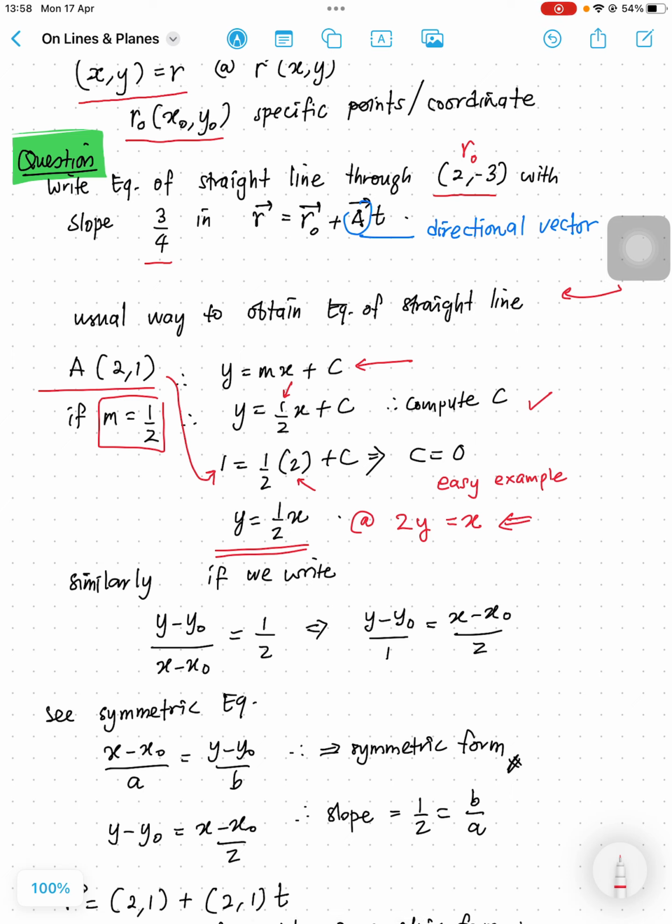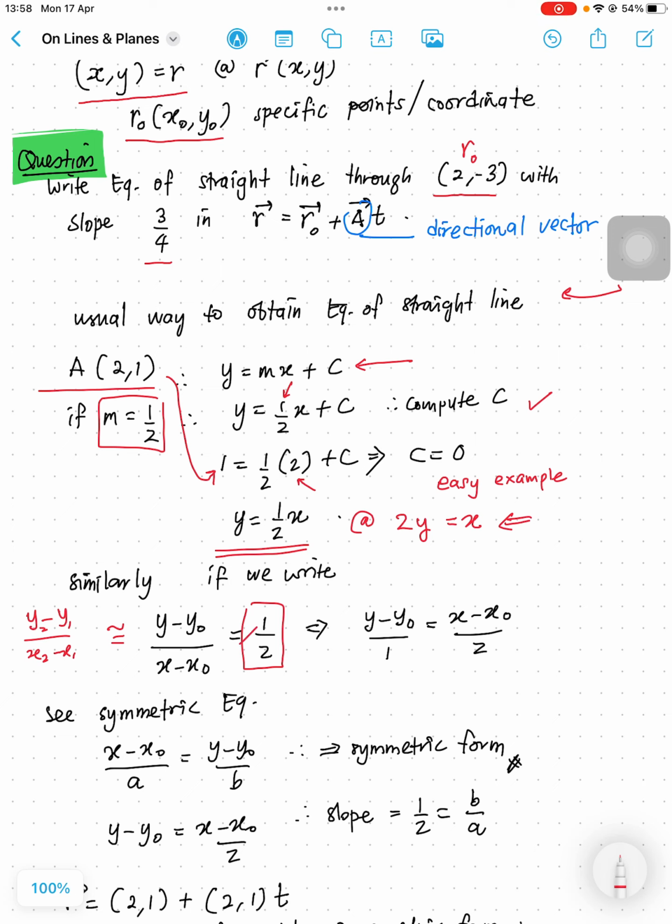Similarly, if you write in terms of a symmetric form, so you know this is your slope, you can write y minus y0 over x minus x0. This is actually equivalent to y2 minus y1 over x2 minus x1. Analogous, okay? So you see what I did over here.